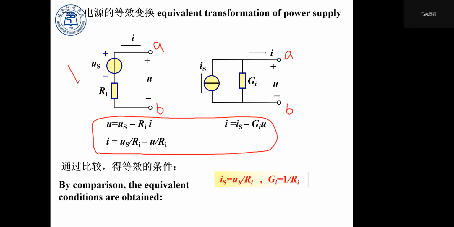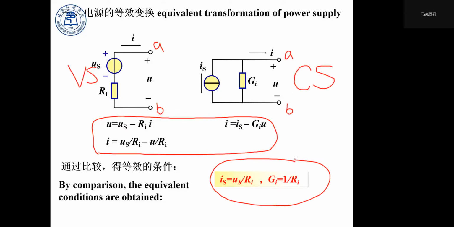So the first one is the voltage source. The second one is the current source, and their relationship must follow this equivalent condition, so they can be called equal. And it's only equal from the point of view of port A and B, the AB port. But on the left branches, from the inside view, those two are completely different circuits.